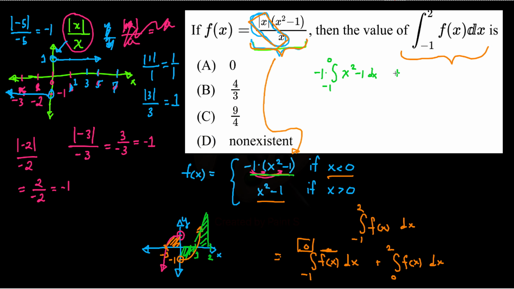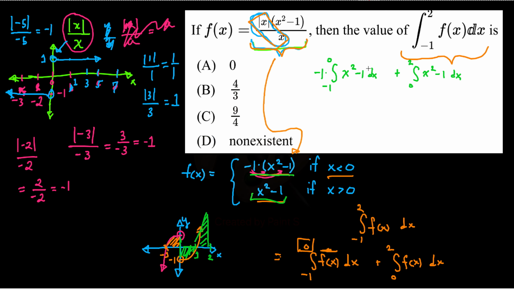And then plus the integral from 0 to 2 of just this piece. Now the values of x are positive except for the 0, but that doesn't matter. This discontinuity, you just ignore it. You still integrate from 0 to 2 and from -1 to 0 of this x squared minus 1 dx.